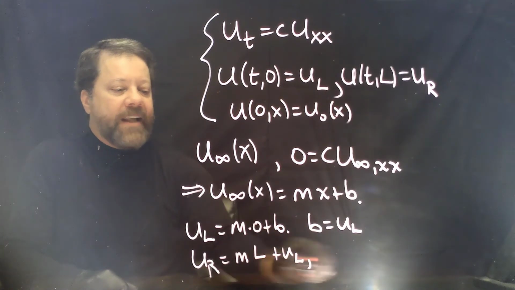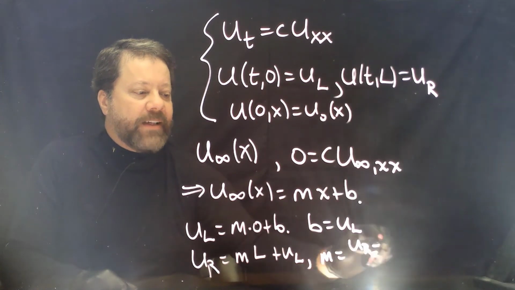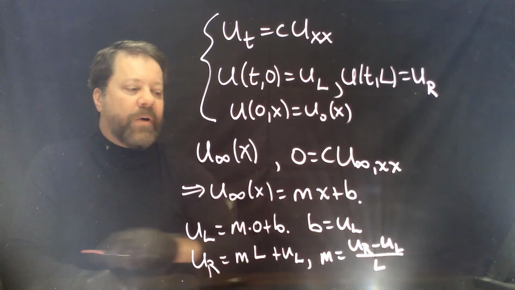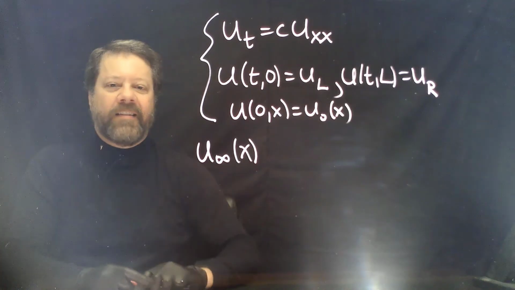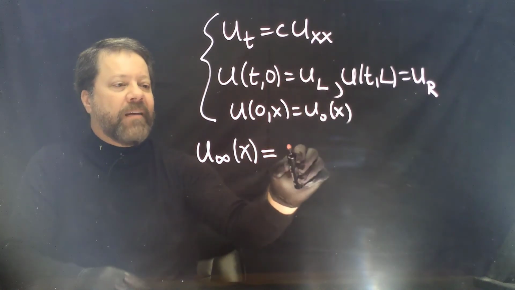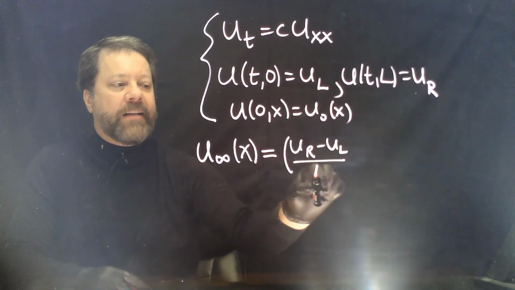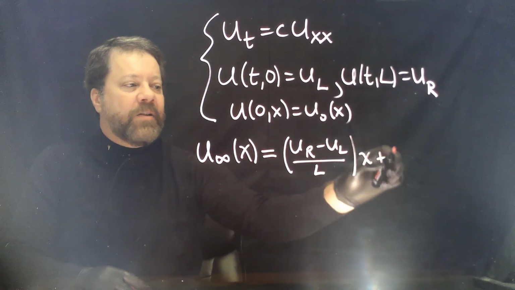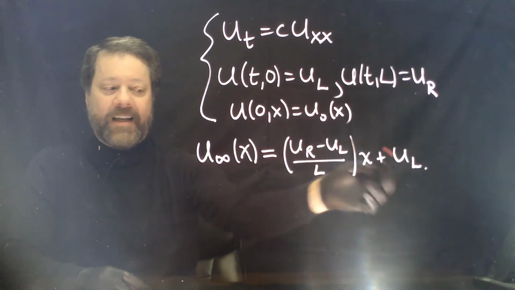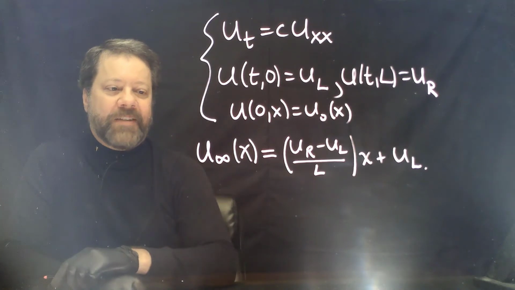That implies then that m is the difference between the right and the left states divided by the length of the rod. We have then that the steady state at infinity is going to be U right minus U left divided by the length of the rod times x plus U left. You can see if you plug in 0, you get the state at the left. If you plug in L, these will cancel and you'll get the state at the right.